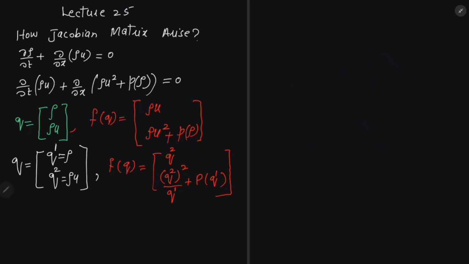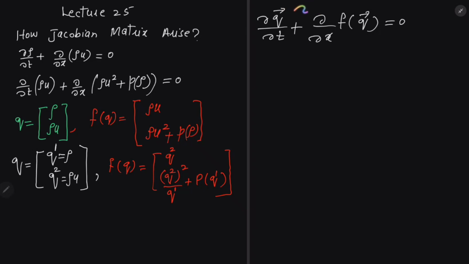Now suppose that we have a vector quantity. For example, if I write these two equations like this, partial q vector by partial t plus partial by partial x of f, a function of the q vector, equals 0. And we know what the q vector is.